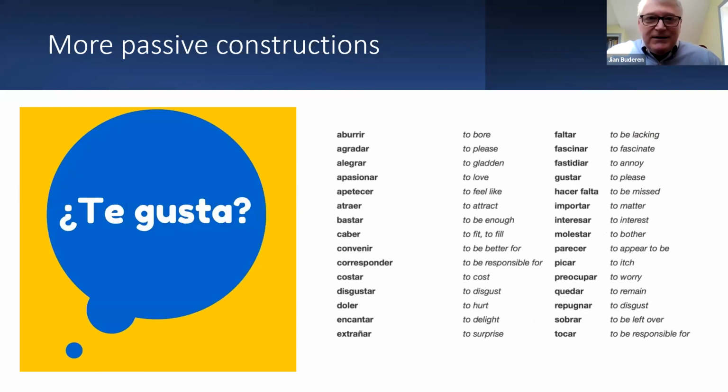Also, Spanish speakers are fond of the more passive constructions, right? So in English, everything is I, right? I'm happy. I think this is great. I think it's annoying. I like, I want, right? But in Spanish, there's this idea of me gusta. Something is pleasing to me, right? I just happen to be there.